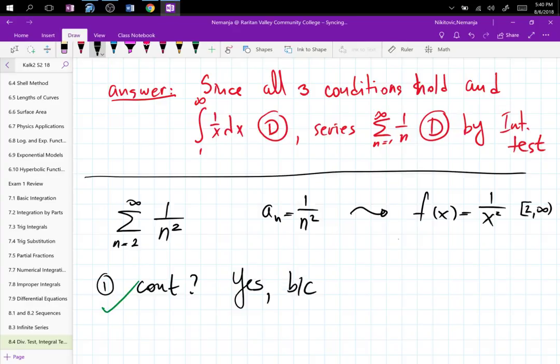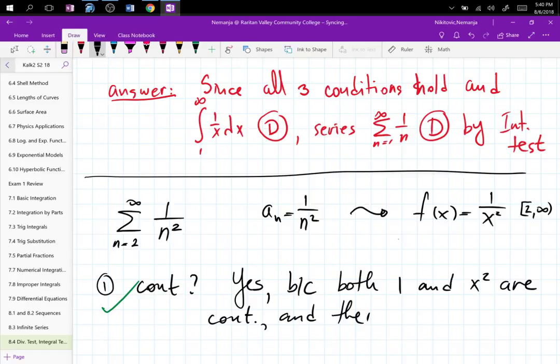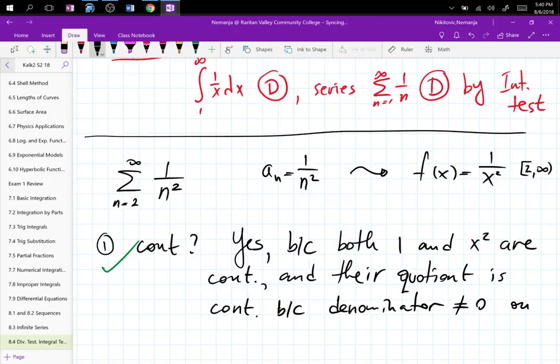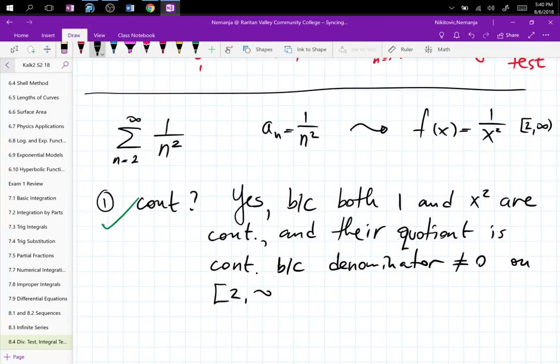Yes, because both 1 and x squared are continuous, and their quotient is continuous because denominator doesn't equal 0 on 2 to infinity, right?